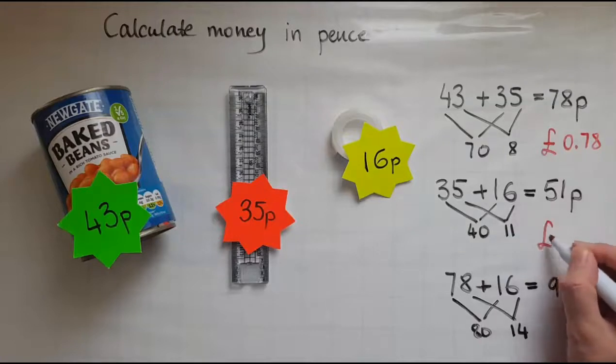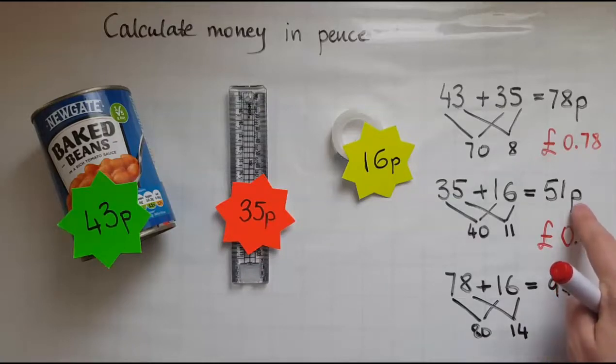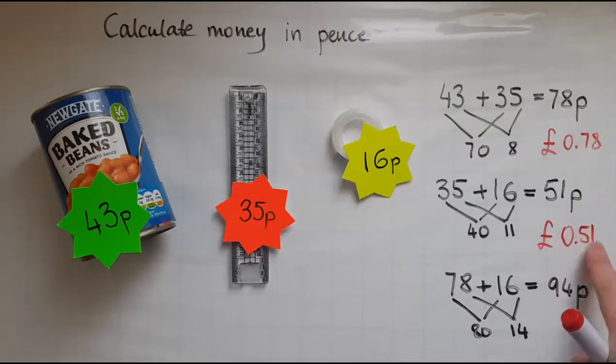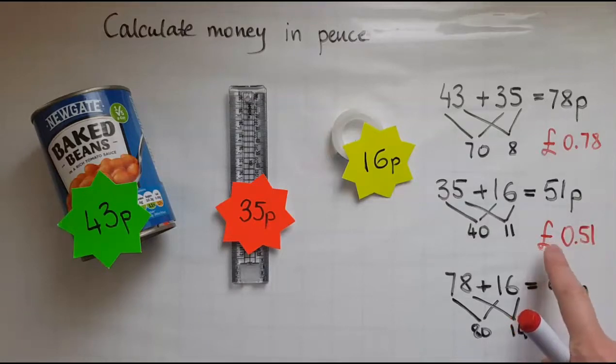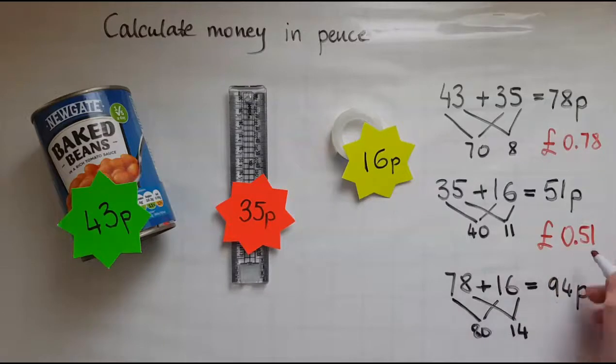51 would be written as £0.51. I don't need a pence sign in there at the end now because I've got a pound sign in front, which tells us that there are no pound coins, and that decimal point separates the pounds from the pennies, so we know that the rest is pennies.